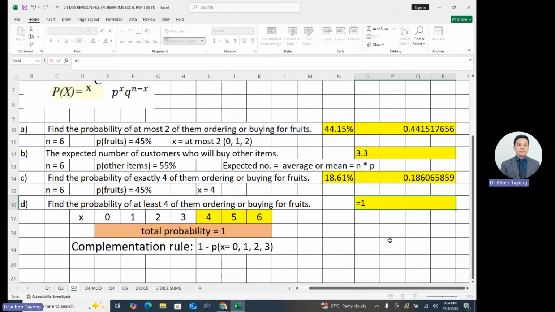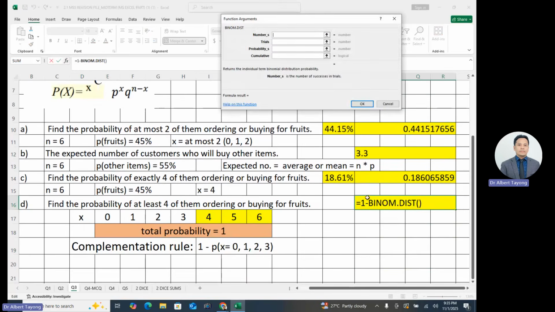So equals 1 minus binom. So for at least, use 1 minus. For at most and exactly, directly you have to write binomial distribution, fx. So now we are not solving for 4, 5, and 6. We are going to solve for x equals 0 until 3, because we're doing the opposite.